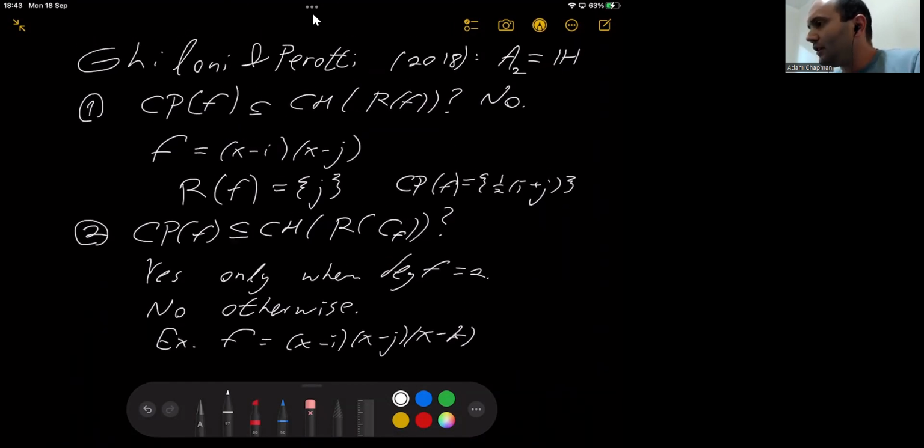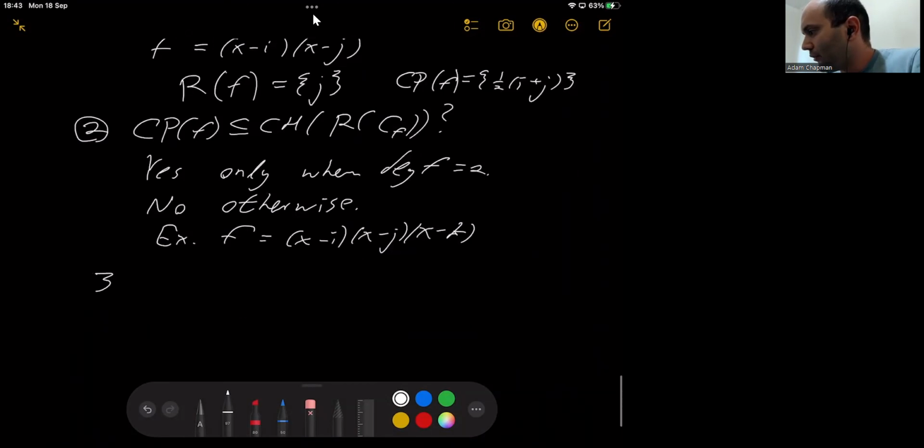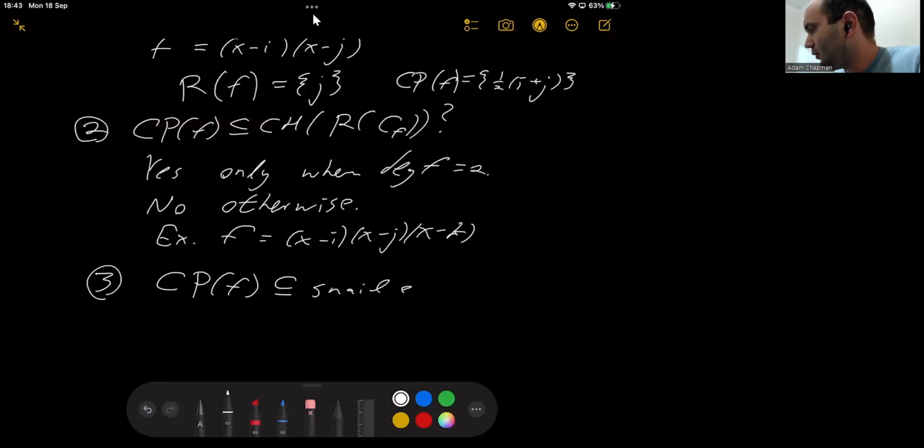So most of the naive generalizations are false. What they also do is to find a variation that works, a little bit ad hoc, but it still works. So you can say that the critical points live inside the snail of f, and I'll explain what this snail is.